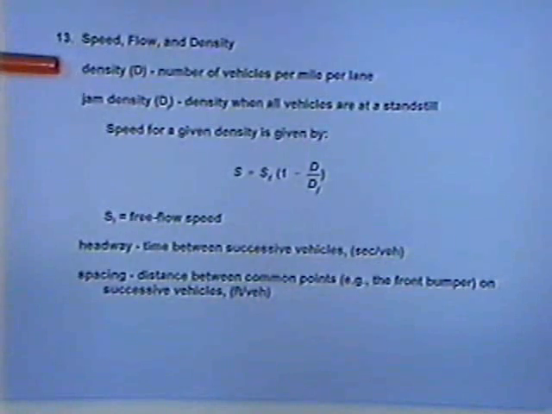We have jam density, which is defined as there's some value which, when the density becomes high enough, vehicles are really at a standstill on that particular facility, and that's called the jam density for that particular lane.